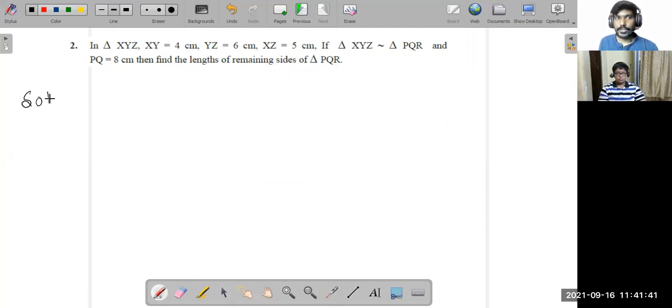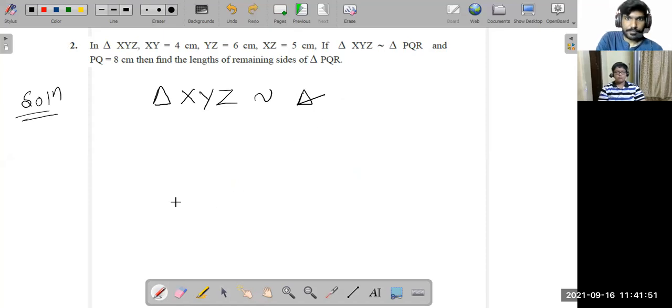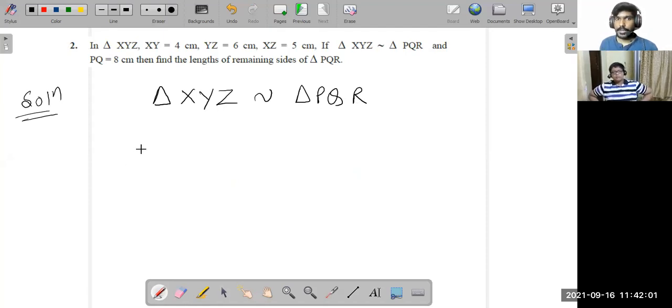Okay, let's do the question first. It is given triangle XYZ similar to triangle PQR. They are similar to each other. If they are similar to each other, sides will be in proportion.